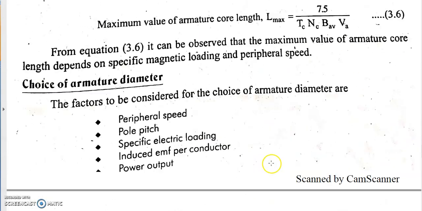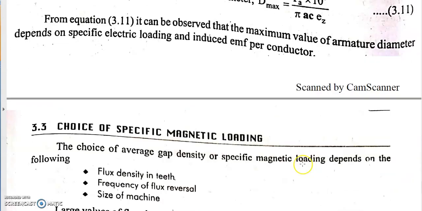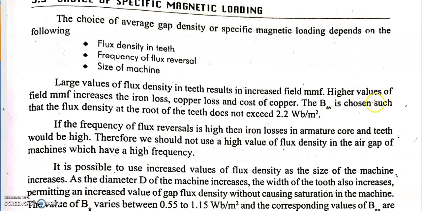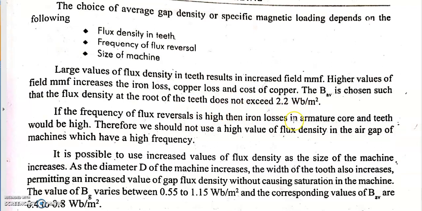Okay, so the next topic is the choice of specific magnetic loading and specific electric loading. Magnetic loading depends upon flux density, frequency of flux reversal, and size of the machine. For flux density, the limitation is that B average is chosen such that the flux density at the root of the teeth should not exceed 2.2 Webers per meter square.